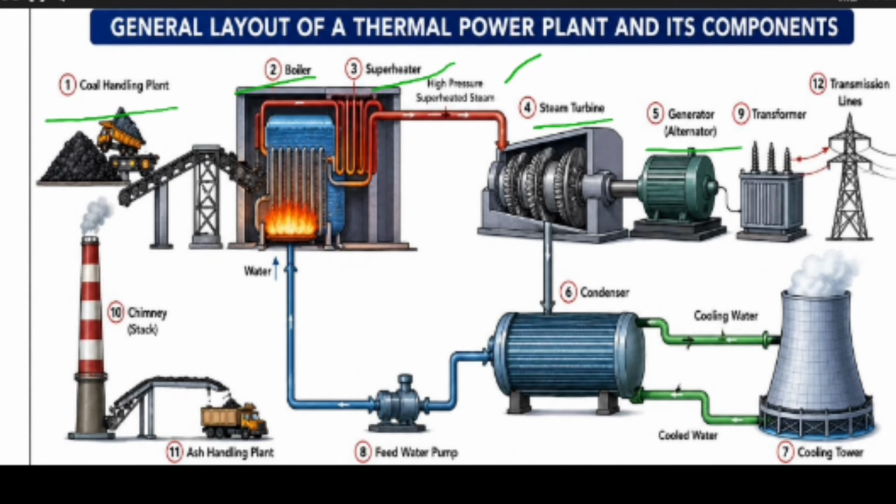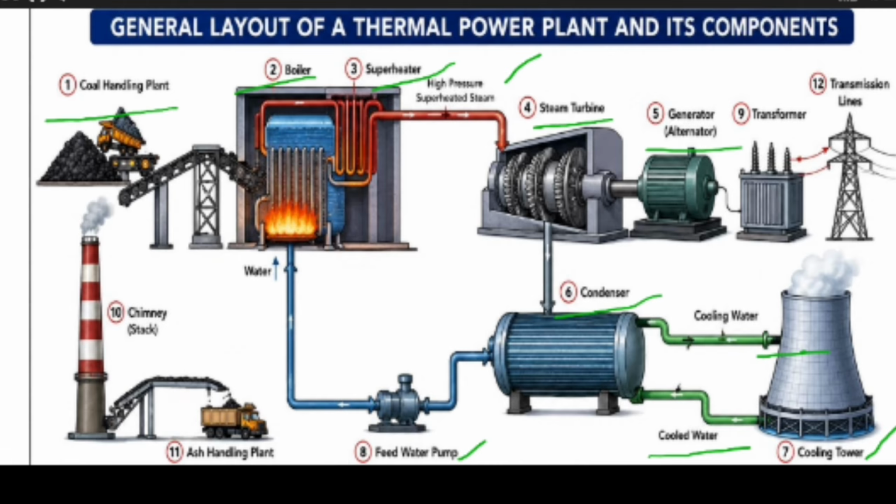This alternator will be there, and again the steam will come to the condenser through the cooling water, or it will go to the cooling tower, and again come back as cooled water. This cooled water again goes to the feed pump.